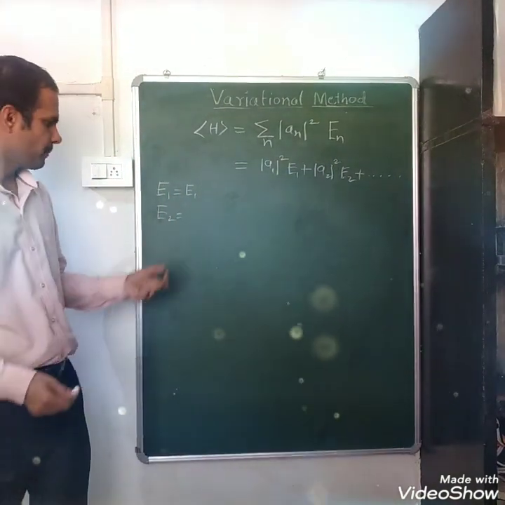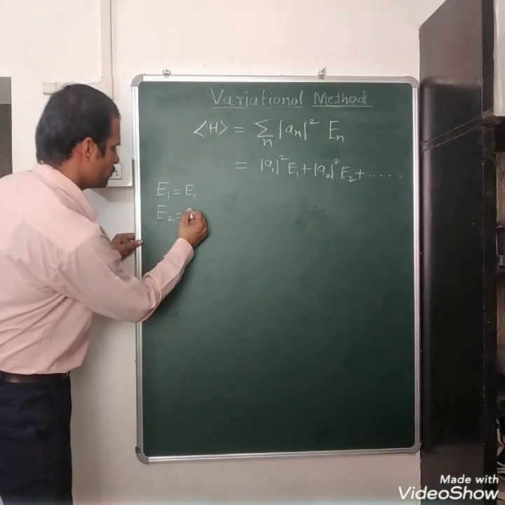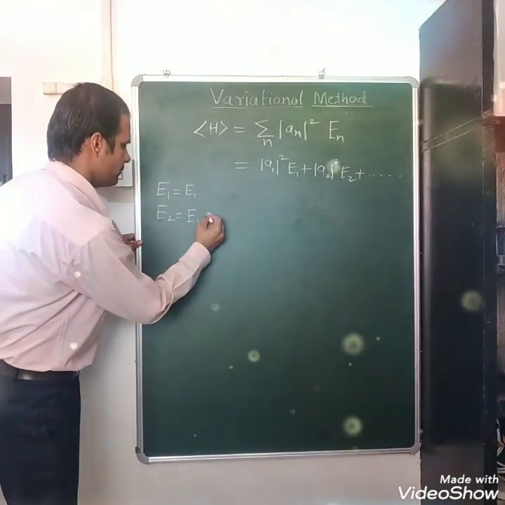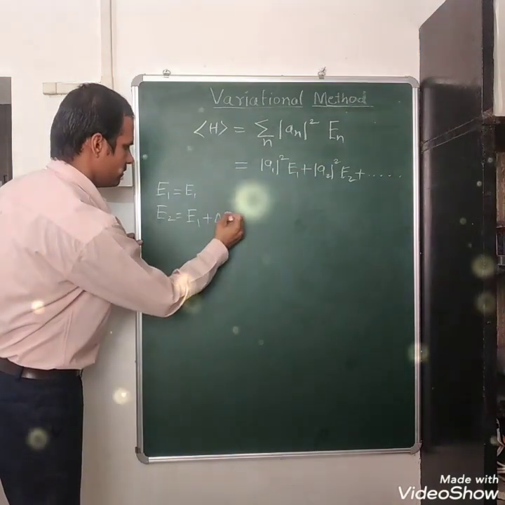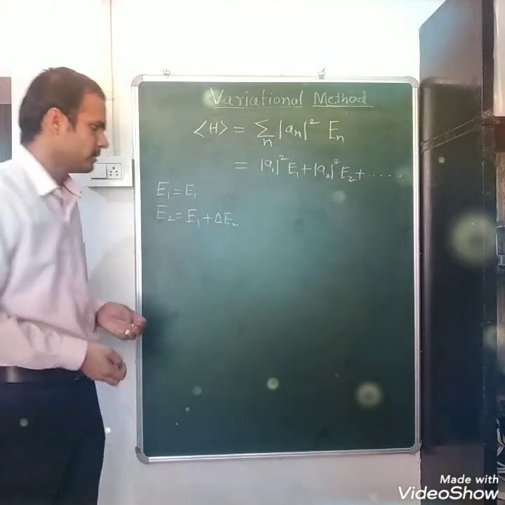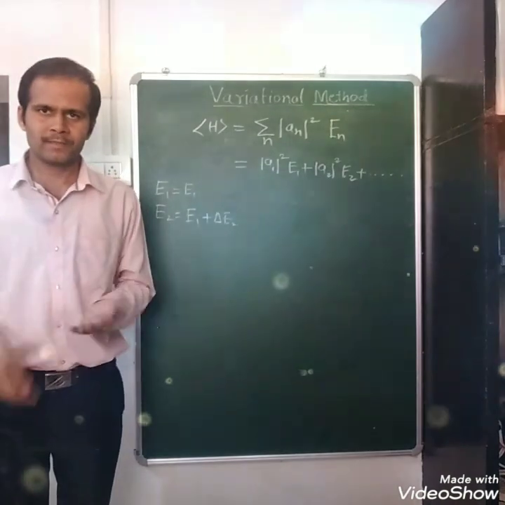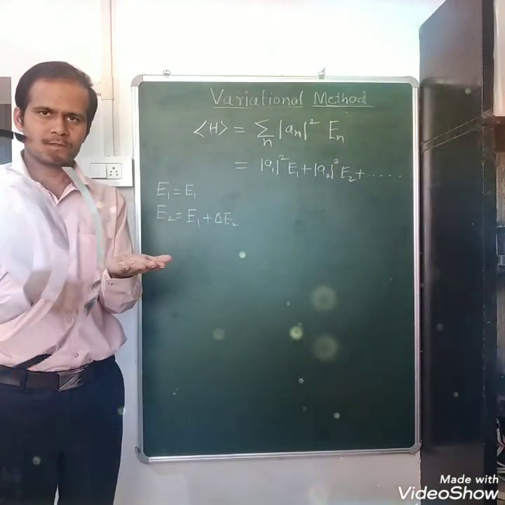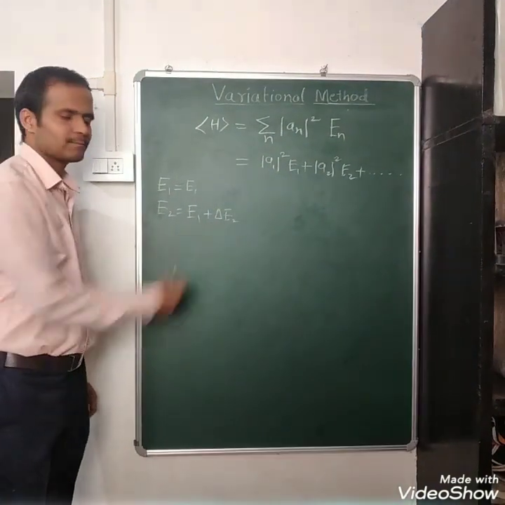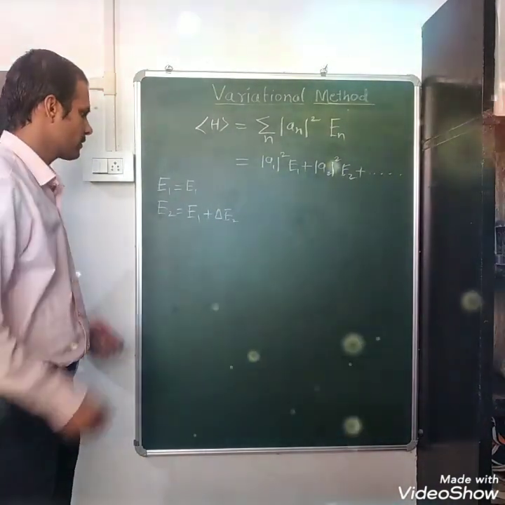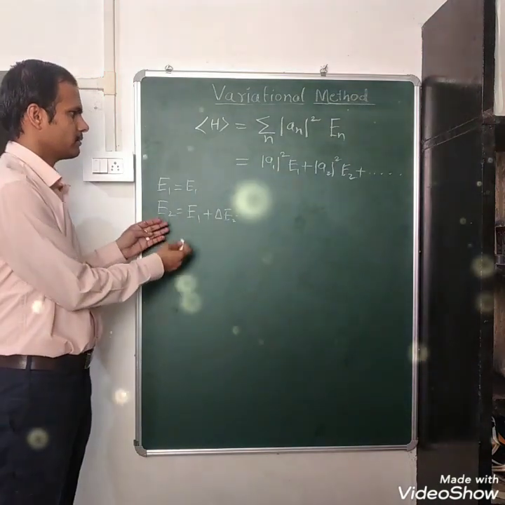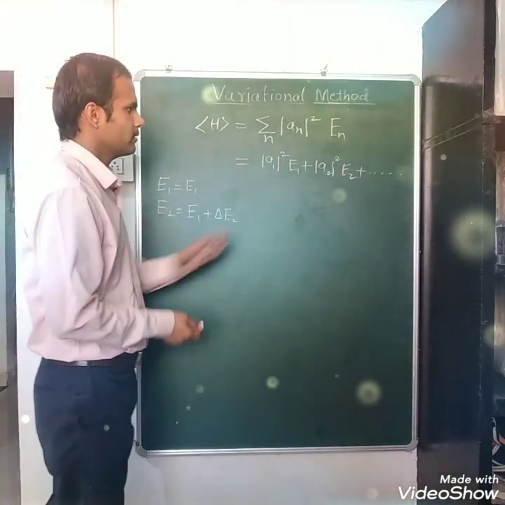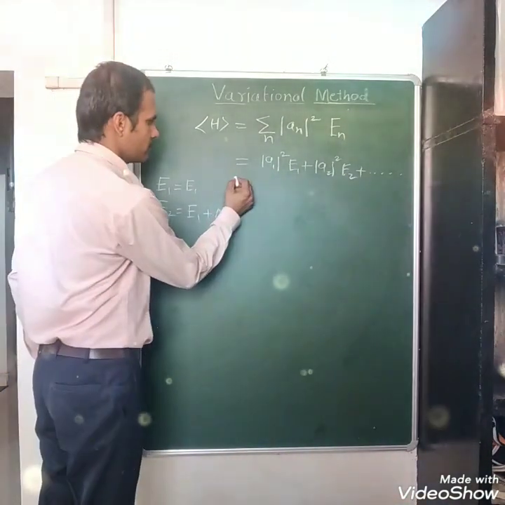Then we know that E2 is equal to E1 plus something additional term, that is we can say delta E2. That is the difference between E1 and E2 energy. This way we can write E2 is equal to E1 plus delta E2.